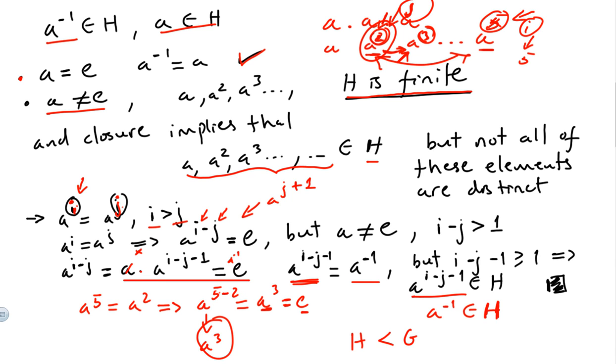So H is a subgroup of G if H is closed under the operation of G, okay. And this concludes the proof.